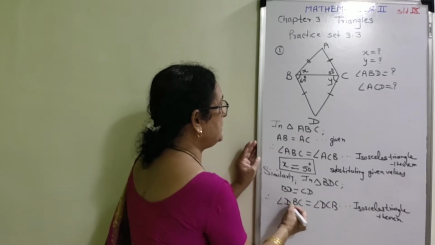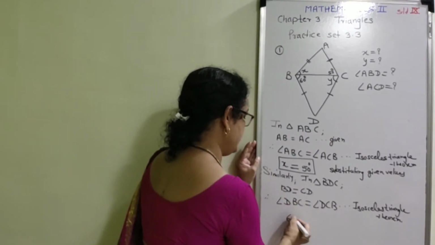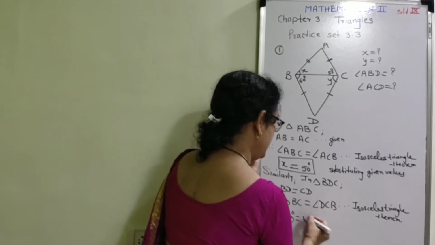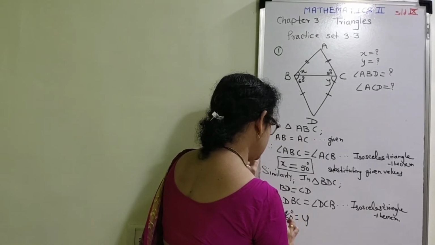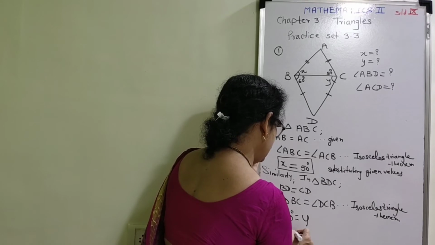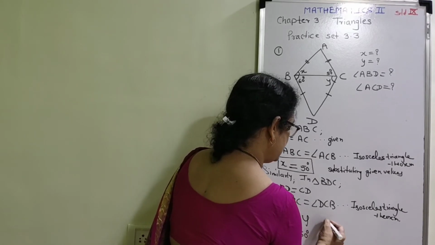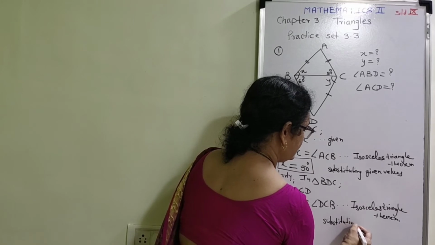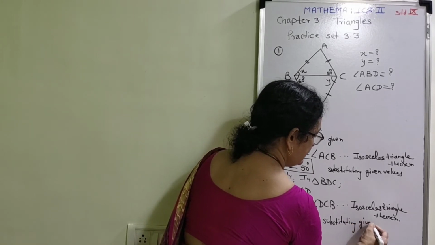Now the measure of angle DBC is given as 60 degrees and this is y. Therefore, the last step is y is equal to 60 degrees. Substituting given values.